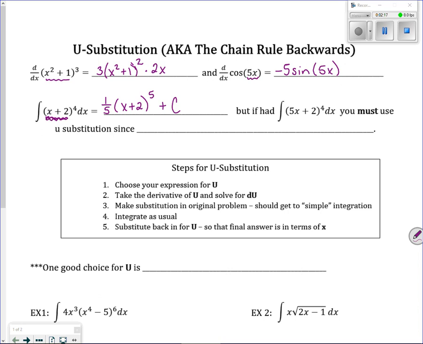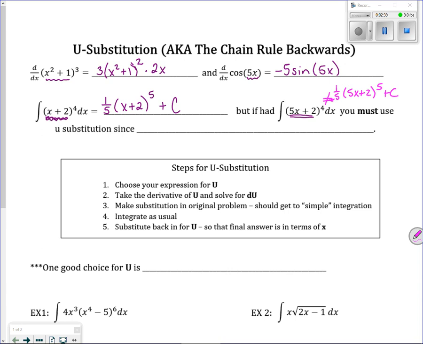However, if I change that ever so slightly to be 5x plus 2, you must use substitution. In other words, if you think that this is equal to, oh, increase the power by 1 and divide by the new power and say this is the answer, that is not going to be correct.